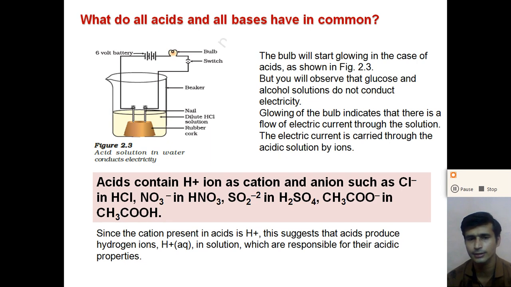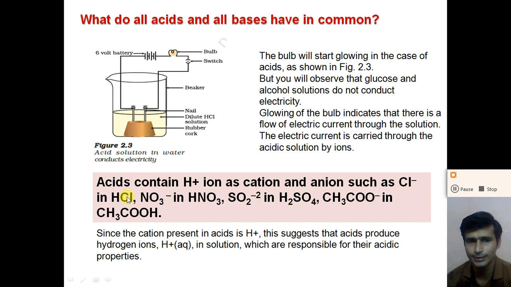The positive ion is called the cation and the negative ion is called the anion, right? The important point is that the acid contains the H+ ion as a cation. In all acids, the H+ ion is there, and it is the cation, and the anion is, for example, Cl- in HCl.